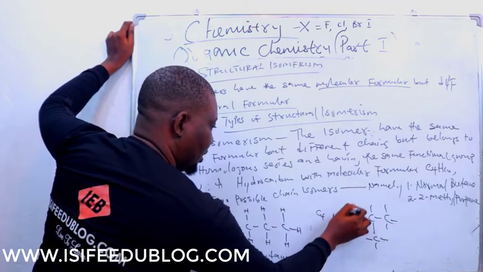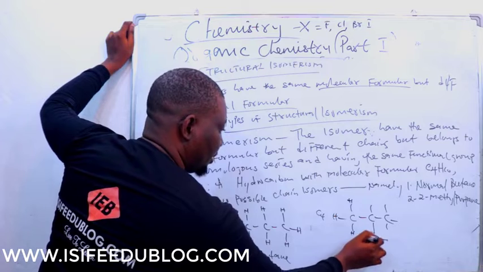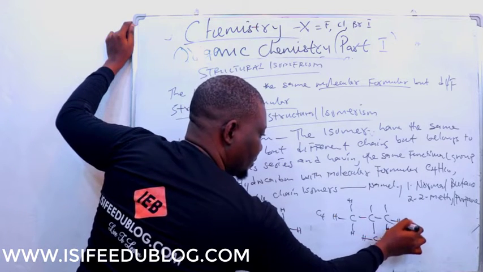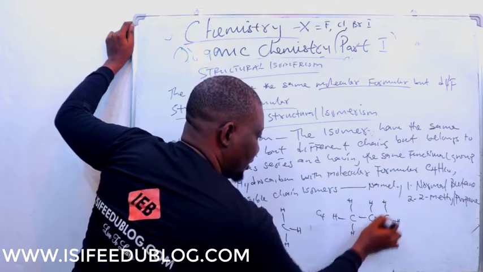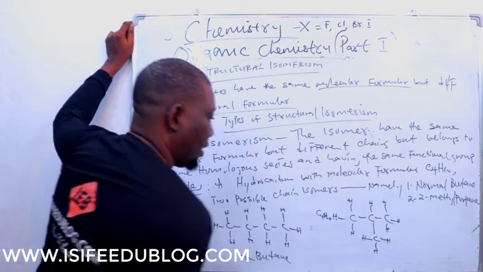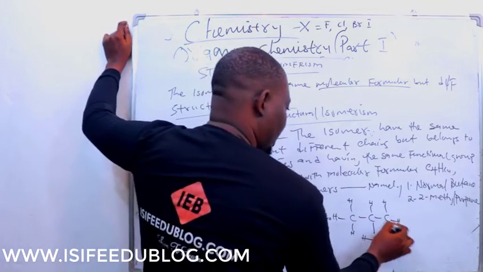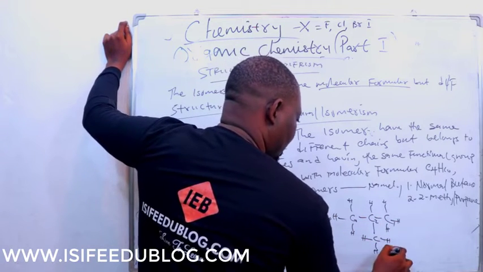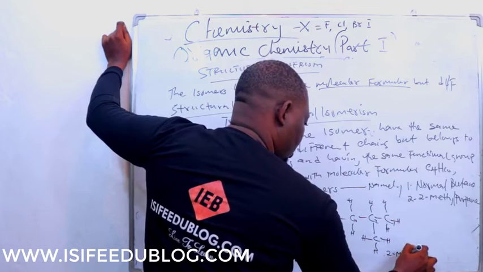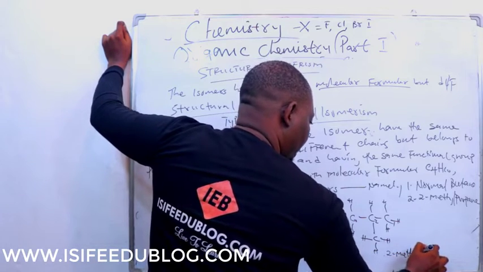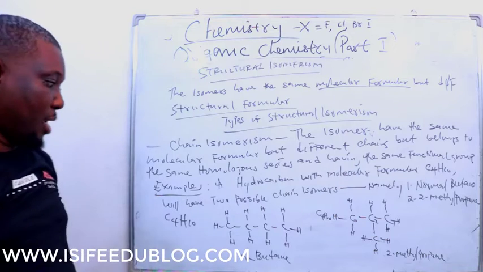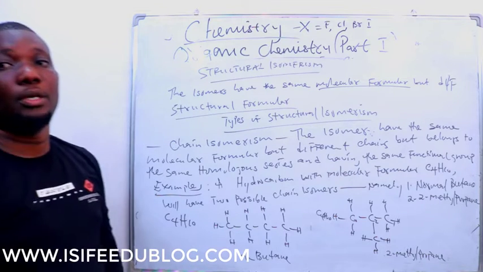H is what? 1, 2, 3, 4, 5, 6, 7, 8, 9, 10. C4H10. And this one is what? 1, 2, 3. So the long chain is 3, having this methyl attached to position 2. So this is 2-methylpropane. So it appears that 2-methylpropane and normal butane are isomers.